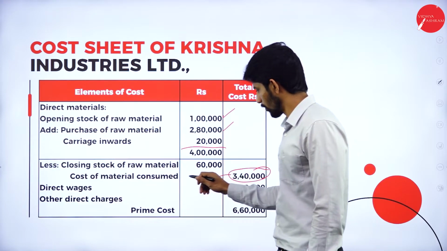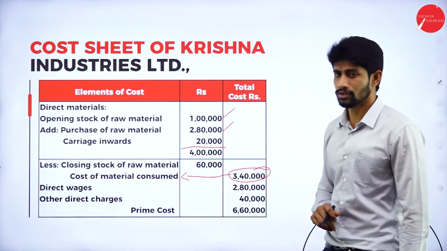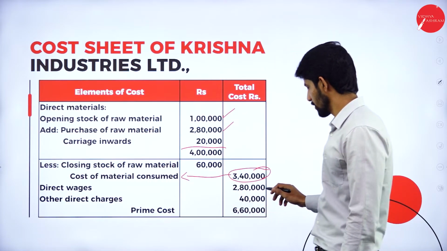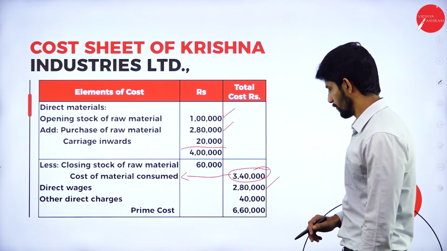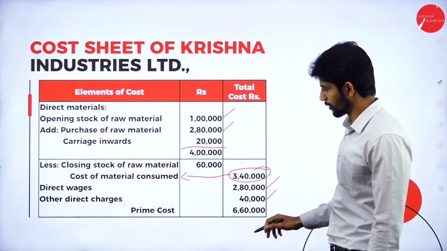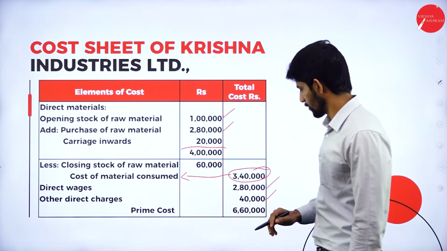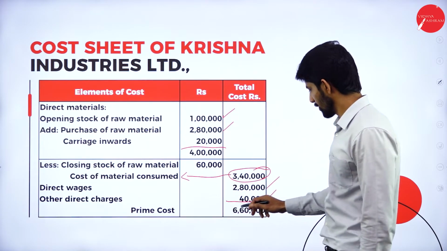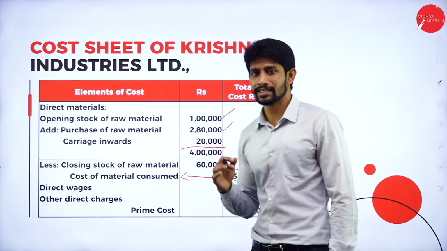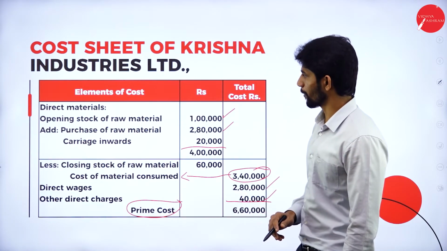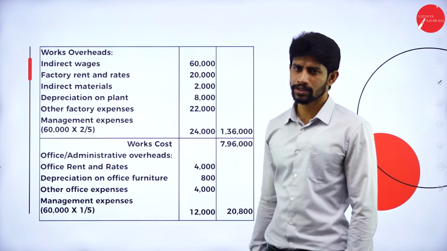This 3,40,000 is called materials consumed. Next, add direct wages and other direct wages of rupees 40,000. Total this, you will get 6,60,000. That 6,60,000 is called prime cost.